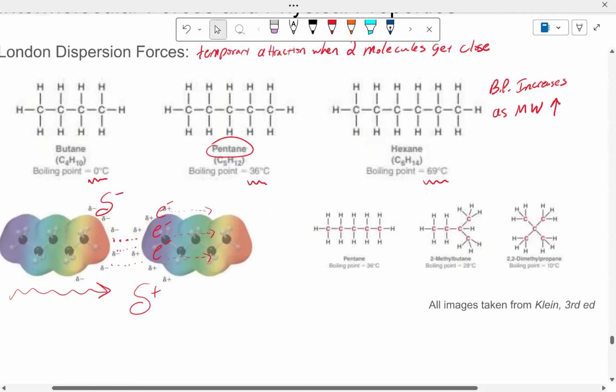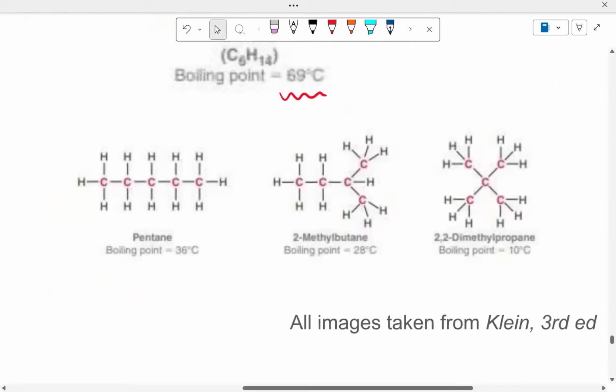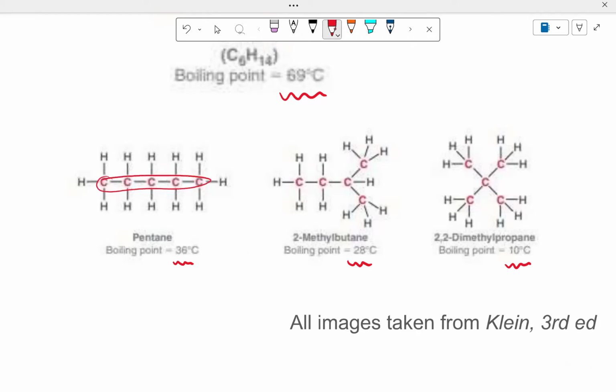Now, something interesting that I want you to know is what happens when you're looking at constitutional isomers. So here are the constitutional isomers of pentane. We did this example a few lectures ago. Even though they have the same formula, look at the boiling points. As there is more branching, and when I say branching, if you look at pentane, it's 5 carbons in a row. If you look at 2-methylbutane here, you've got four carbons in a row and one hanging off here.